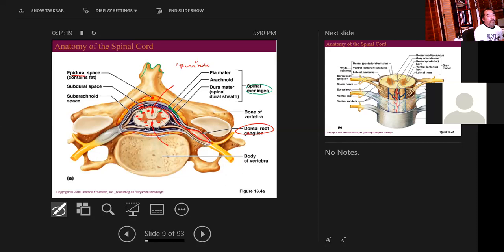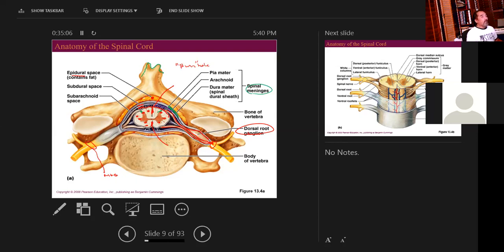The motor is the ventral root. The ventral root travels down, and you don't have a ganglion there. Then it meets up with the dorsal root. So the spinal nerve right here is made of motor and sensory. The motor nerve and the sensory nerve meet up at your spinal nerve.